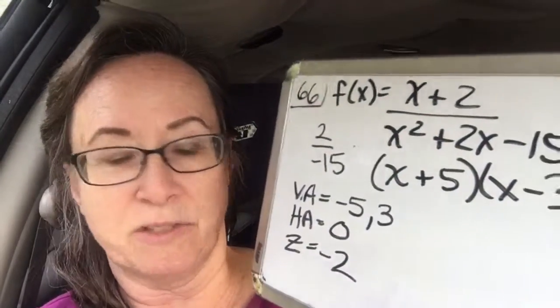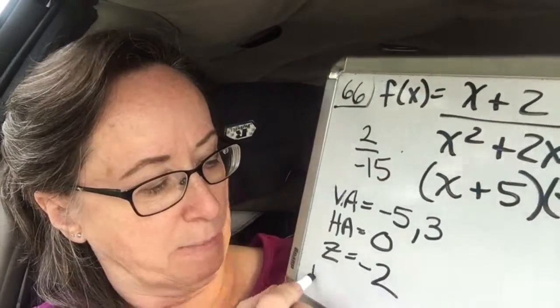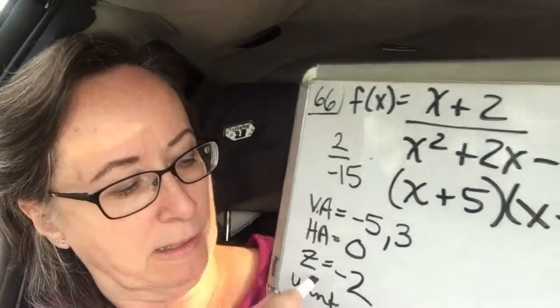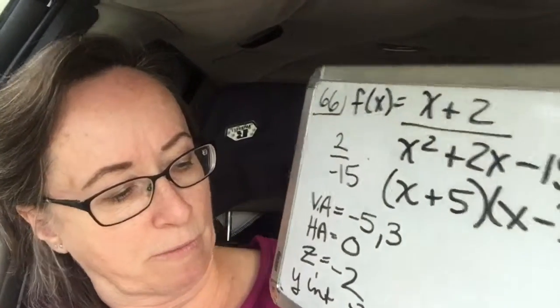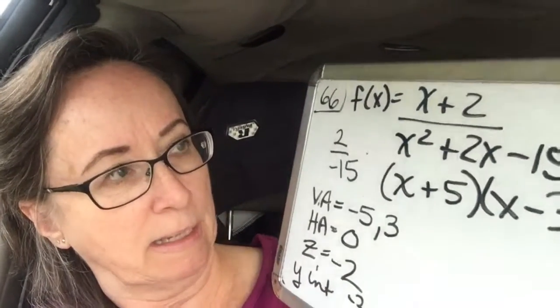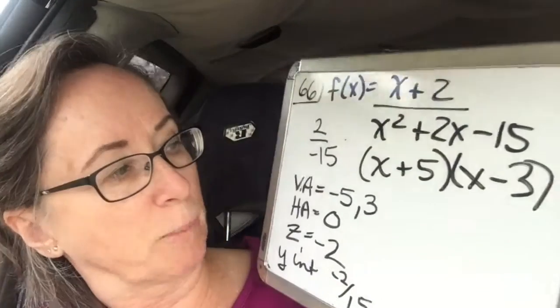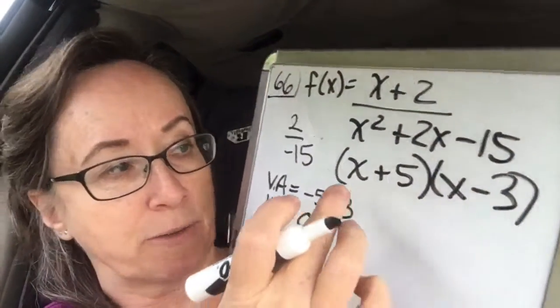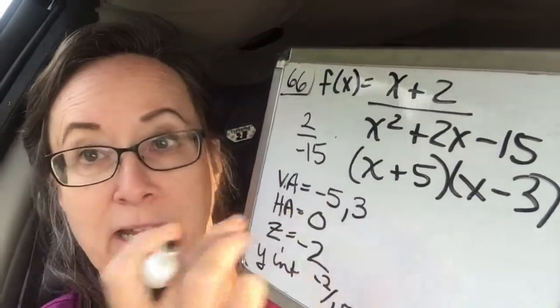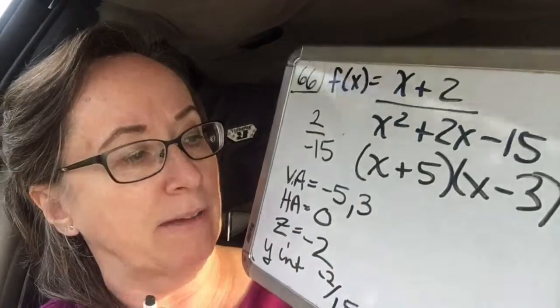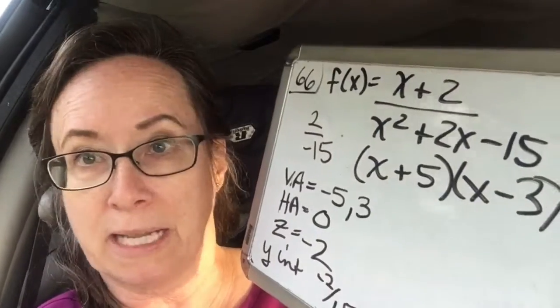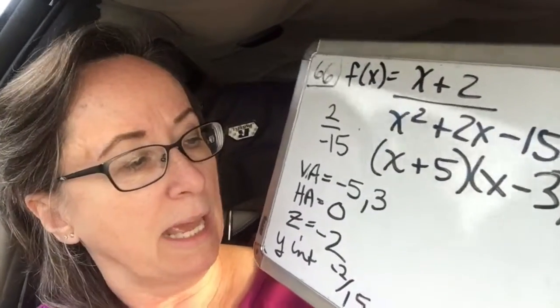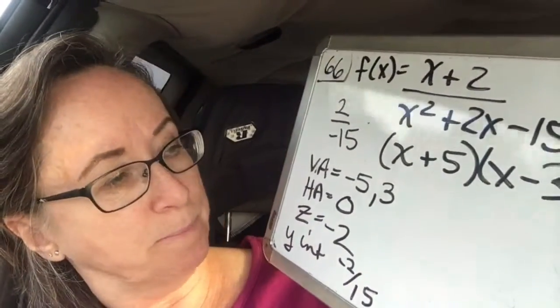So -2/15 is my y-intercept when I plug in a 0 for my x. And so my domain is going to go from -infinity to -5, not including the -5, then -5 to 3, not including either one of those, and then from 3 to infinity.